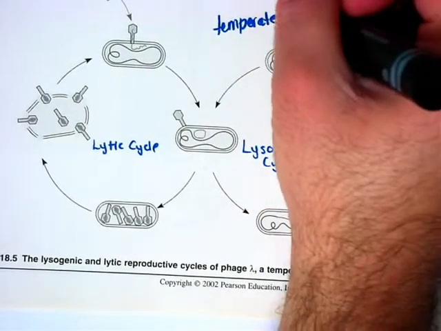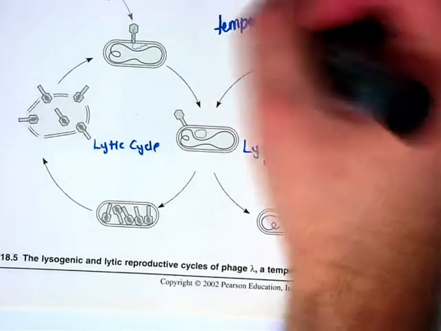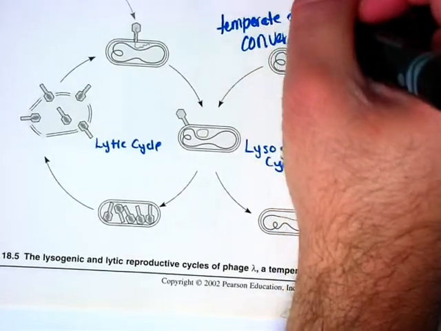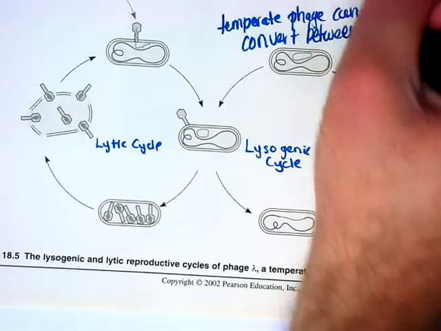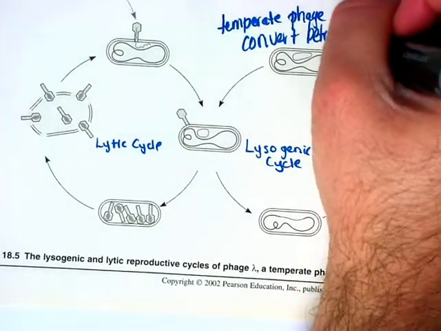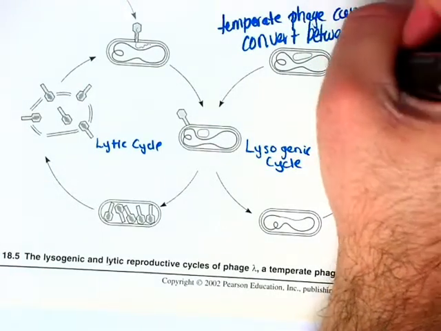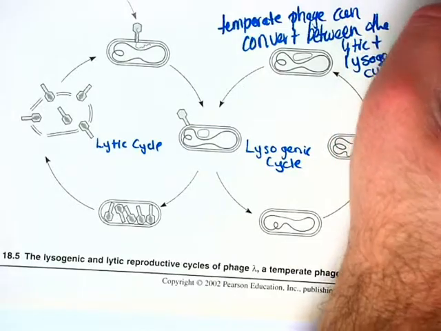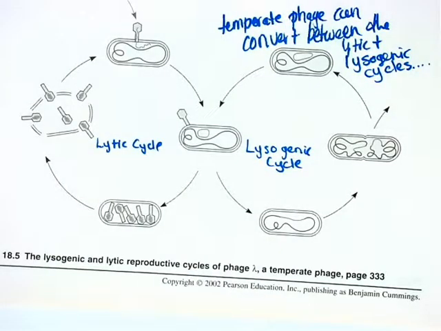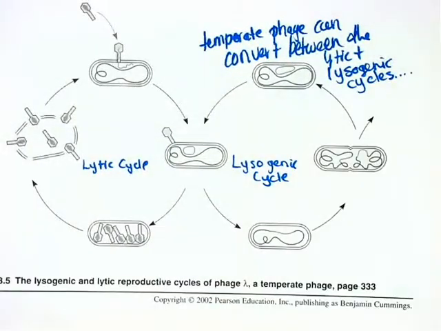A temperate phage can convert between the lytic and lysogenic cycles. Cool. The difference between lytic and lysogenic.